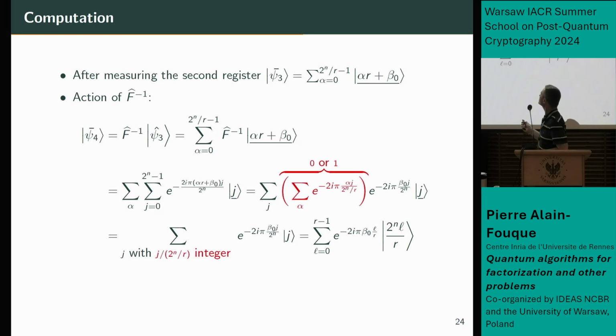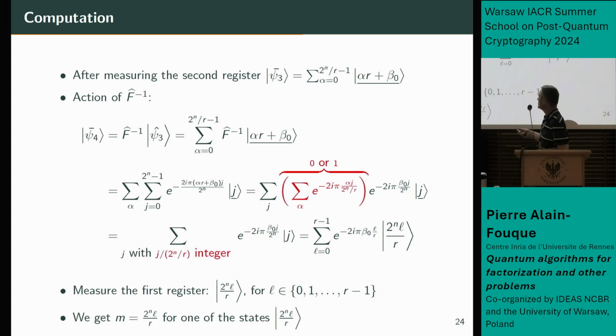So now that I did it, this is the state of the first register, and if I measure it, I will get one of these values, and each one is a fractional number.